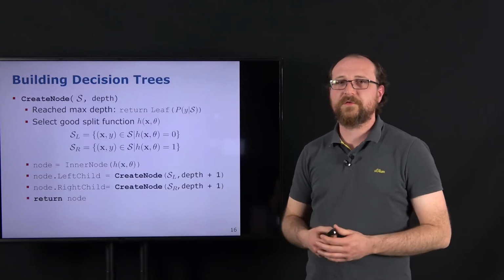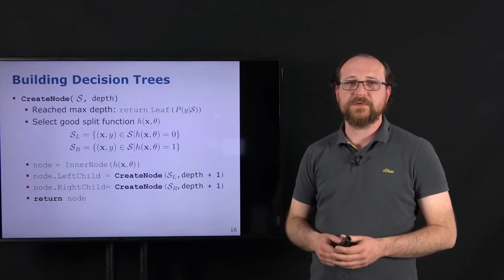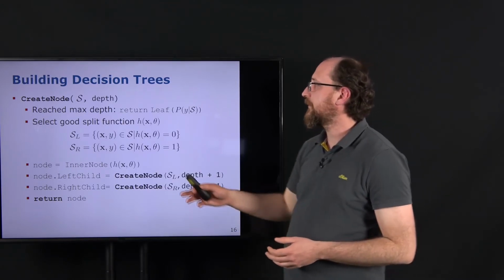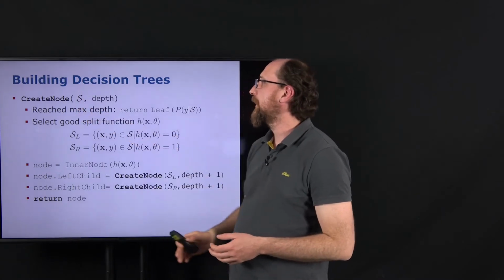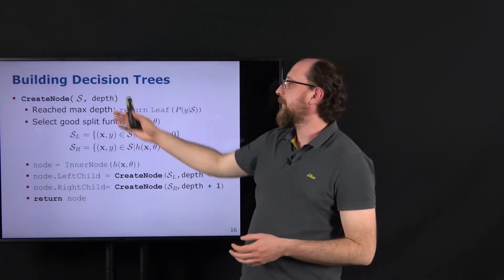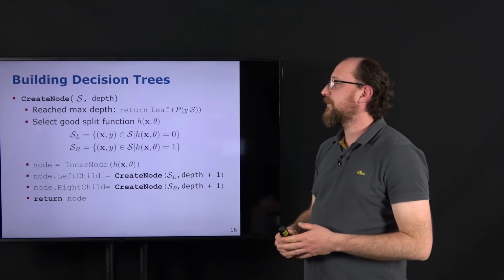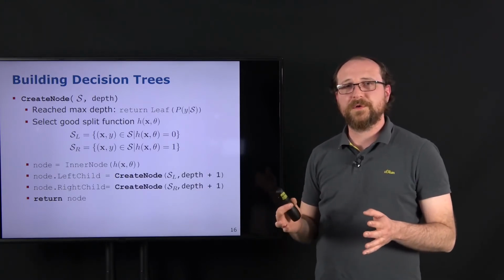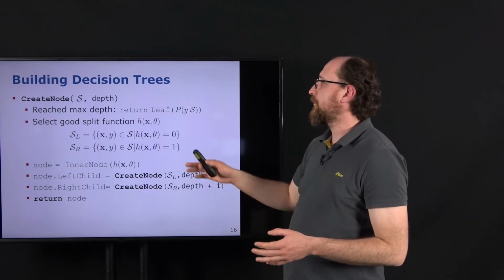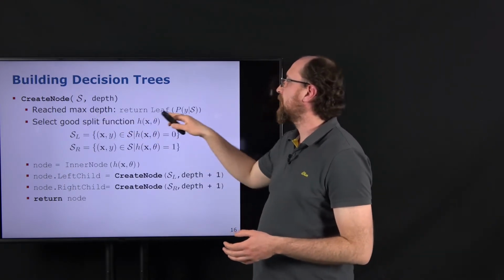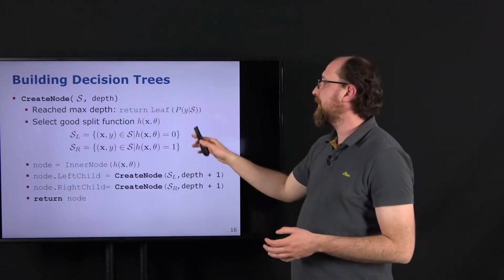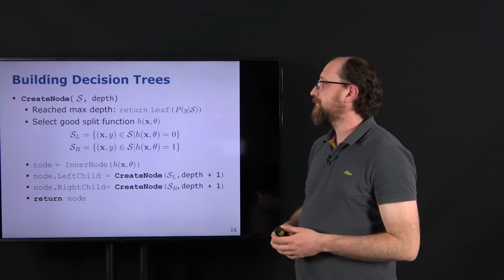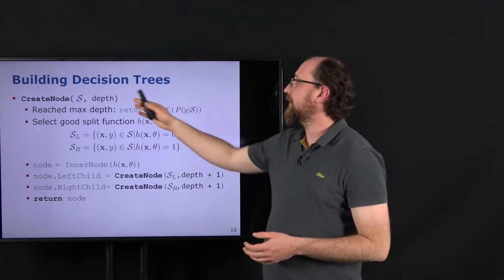For building the decision tree, we can now use the following recipe. So we have this create node function, which gets a set of examples and a specific depth. And when we decide to build a specific depth of the decision tree, we just stop at the maximum depth and then return a leaf, which is then the probability distribution over the set that is put in here into this function.